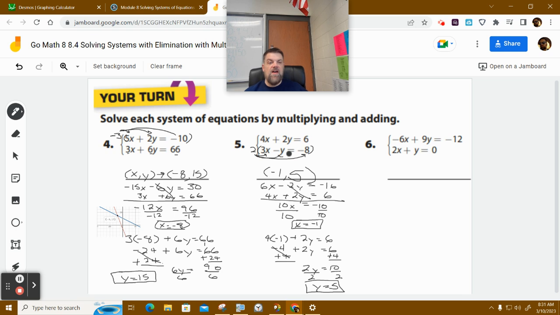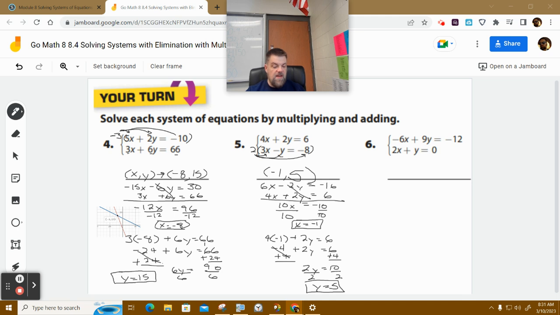All right. So while you guys are writing that down, I'm going to take my graphing calculator and move it over to the other side and enter these equations in just to verify. So you can't see it on your screen, but I am plugging in 4x plus 2y is equal to 6. I'll pull it over to the other screen in a second so you can see it. And then 3x minus y equals negative 8. And I accidentally erased the other one, which is 4x plus 2y equals 6.